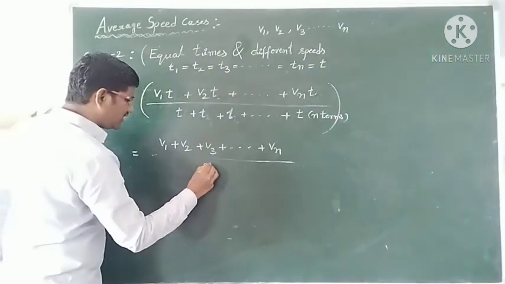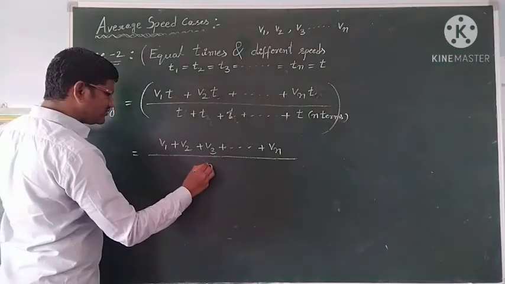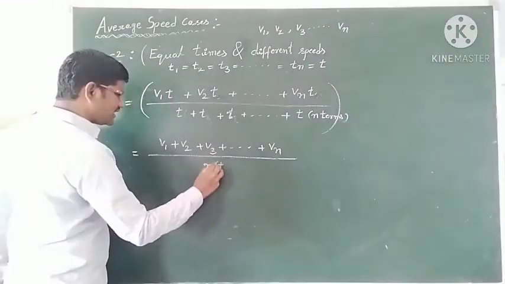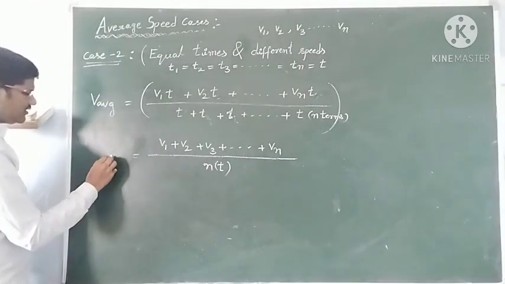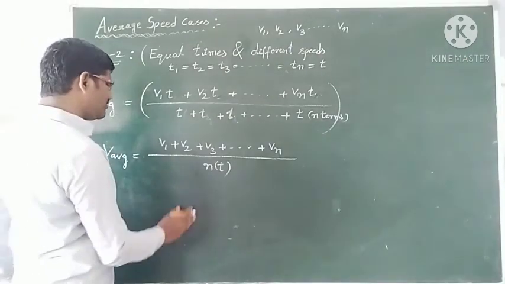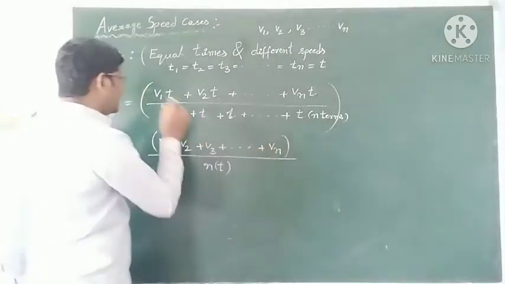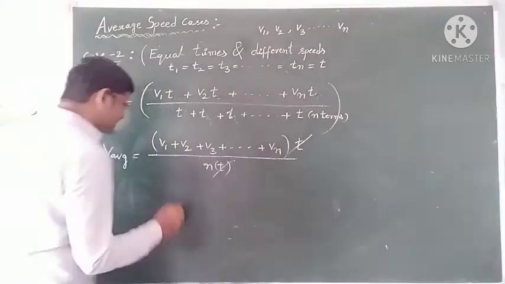Then you can write, so what can you write students? n into T. If you write n into T, what will you get here? V average. And all times are the same, so time gets cancelled.